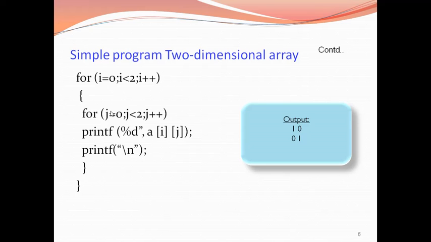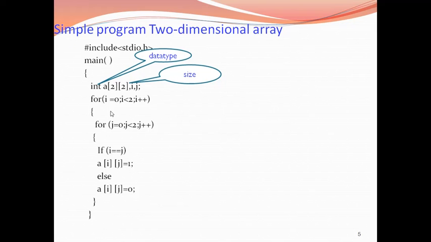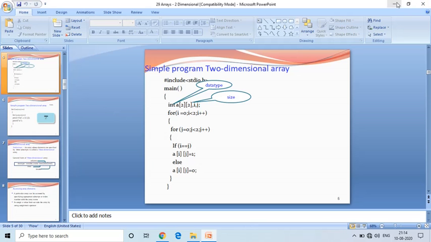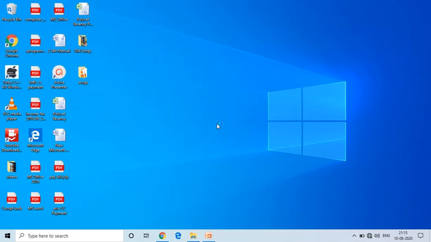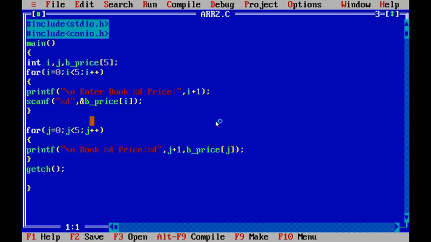Now we will execute this program in the Turbo C++ compiler. In the last class, we got an error.